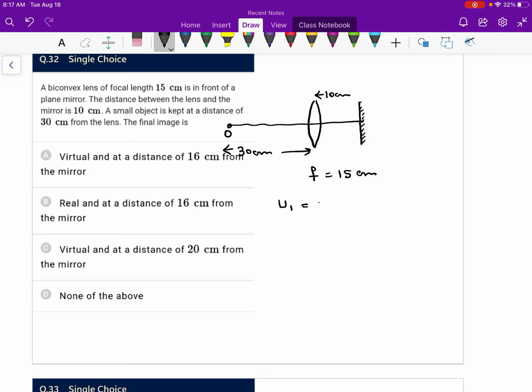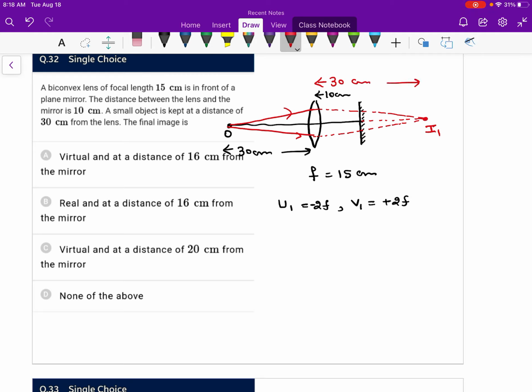So as u1 is twice of f, v1 will be plus 2f. So the image of the object after refraction from the lens, I1, will be formed at 30 centimeter from the lens.